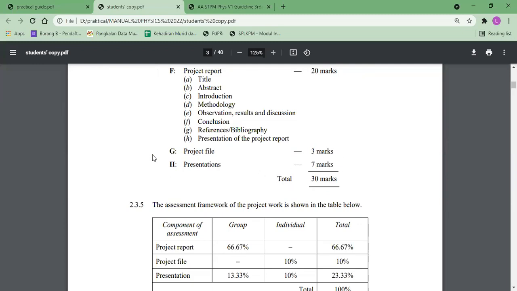It is 7 marks, and mostly all the students have a difference in those 7 marks. You need to do the PowerPoint and any media to present your data. During the presentation I cannot help you because it is live and we record.